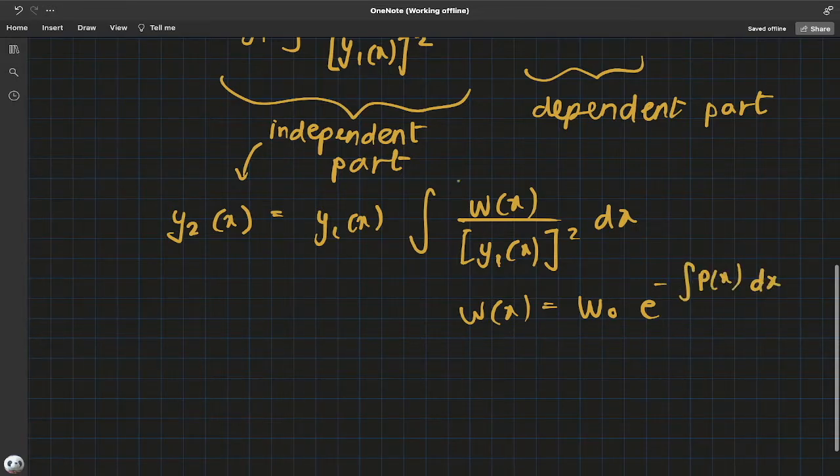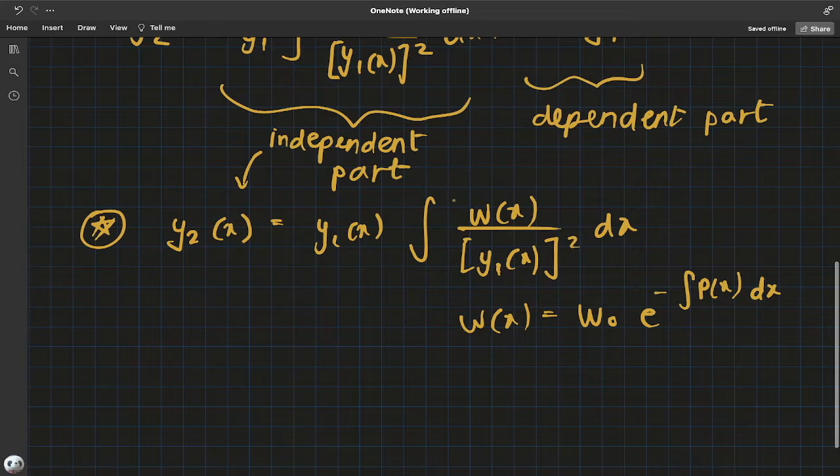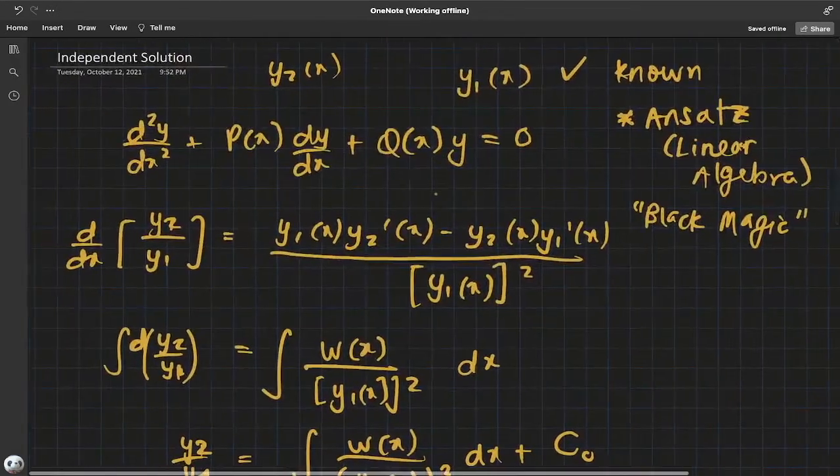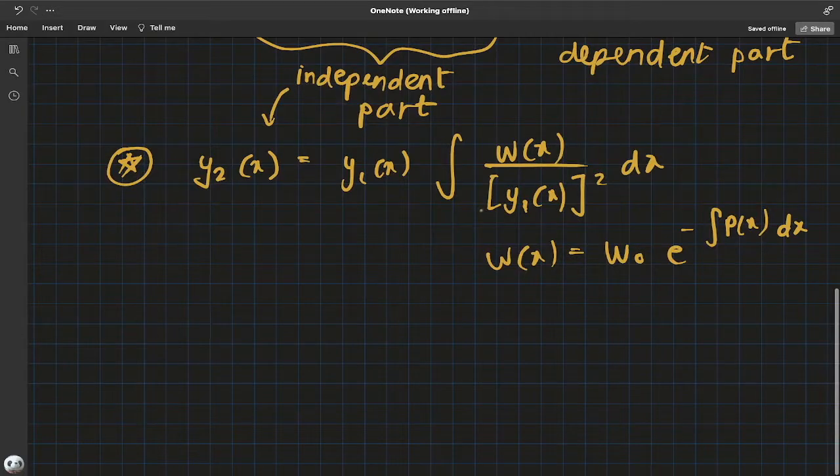So you plug that in, and assuming you know y1, you can get y2. This is the power: you get one solution, you get the other, just by virtue of the Wronskian, which is just a quantity that has these nice properties.